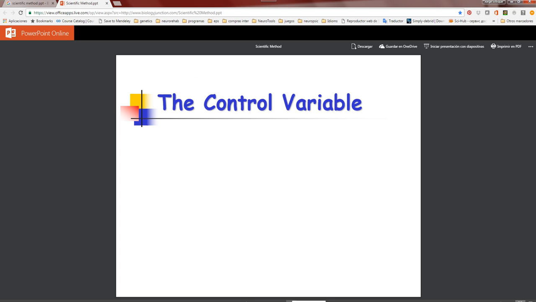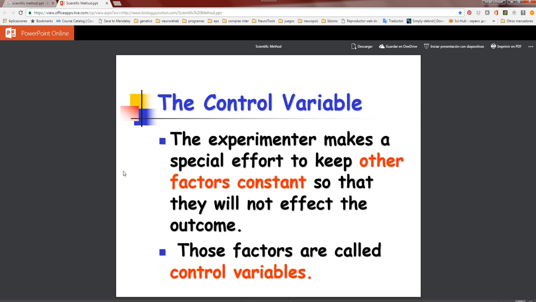Let's talk about the control variable. The control variable is the variable that the experimenter is going to manipulate. The experimenter makes a special effort to keep other factors constant so that they will not affect the outcome.